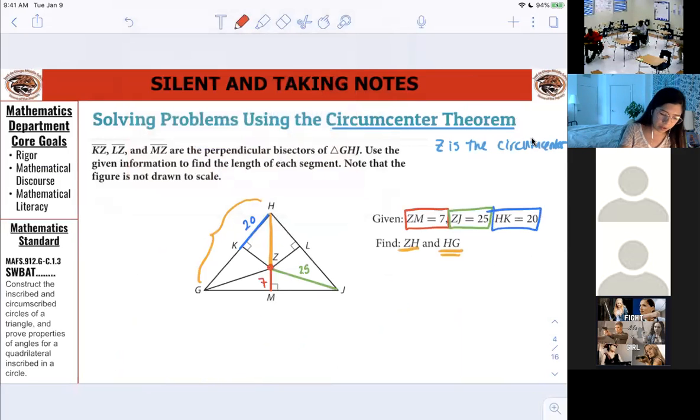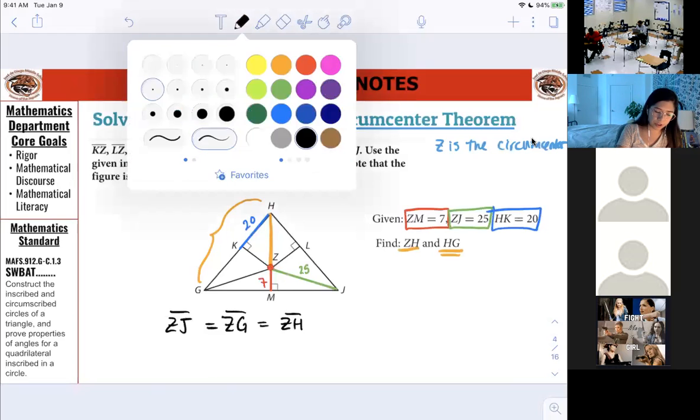So the three equidistant line segments would be ZJ. What else? ZG and ZH, exactly. Could there also be another set? That's the only ones, according to the circumcenter theorem, that is the only thing we know for sure.